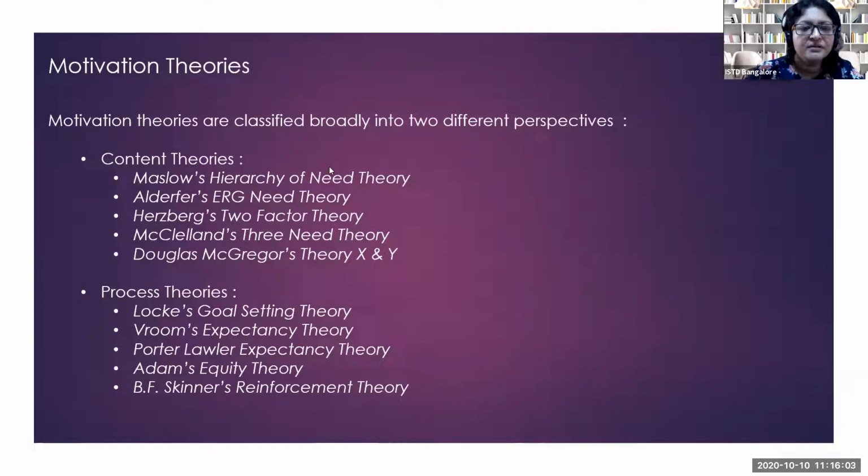Content theory includes Maslow's hierarchy of needs, ERG theory, two-factor theory, three-need theory, and McGregor's theory X and Y. And process theory, so this is what we will cover. Process theories include the goal-setting theory, the expectancy theories, equity theory, and the reinforcement theory.